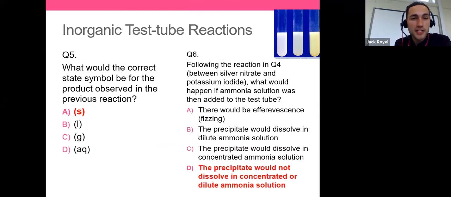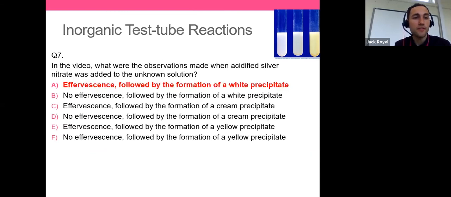Question 5 and 6, you should have had A and D. Question 7 and 8: for 7 you should have had A, so there was fizzing followed by a white precipitate.